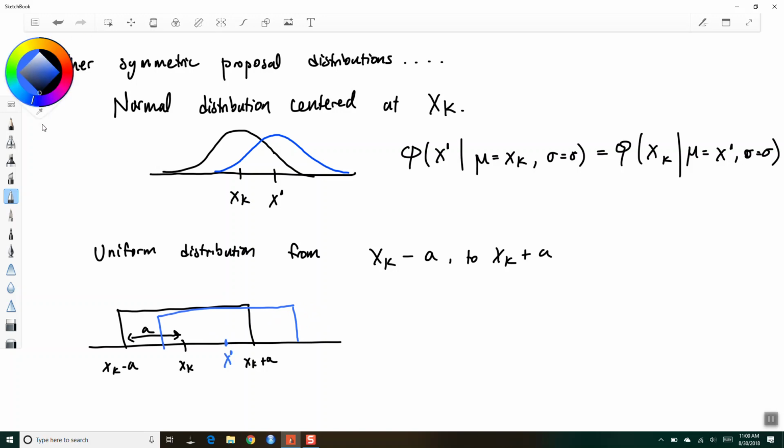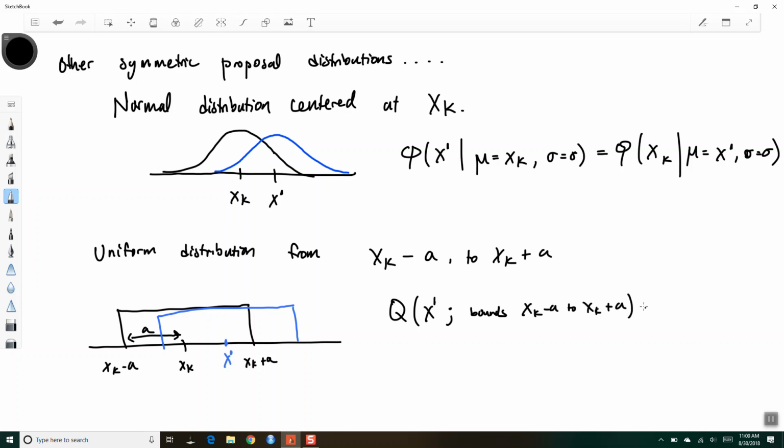So here, the probability q of x prime given bounds xk minus a to xk plus a is equal to q of xk given bounds x prime minus a to x prime plus a.